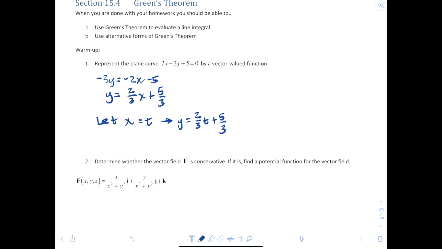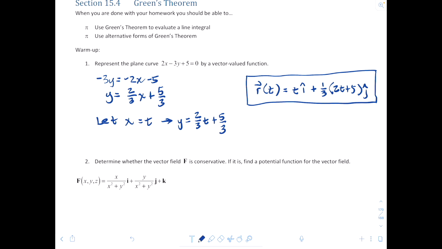And then our vector valued function will be r at t is equal to t times i plus 1/3 times 2t plus 5 times j, or something like that. Groovy?